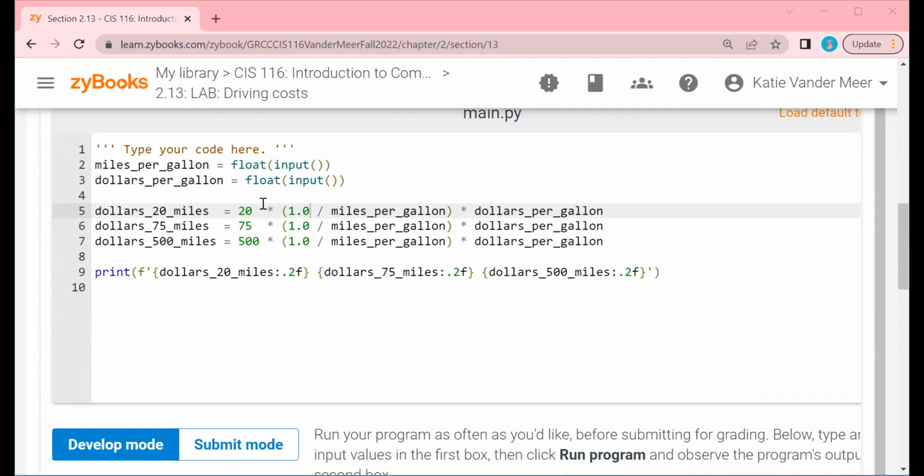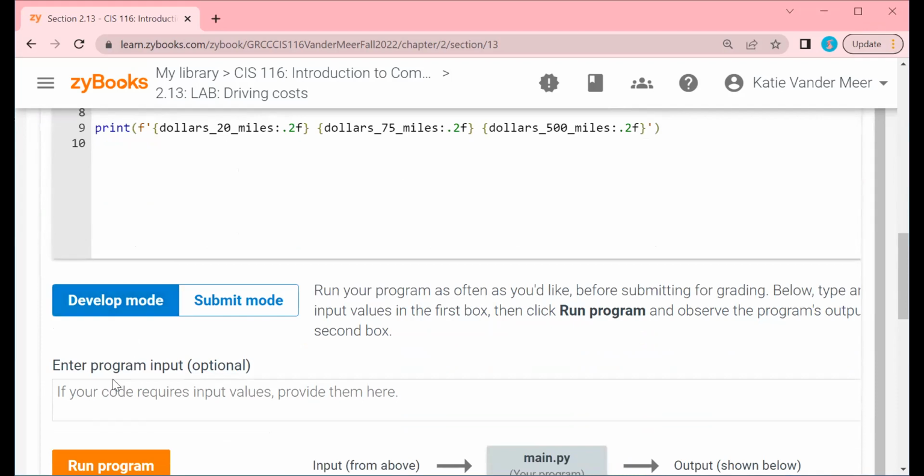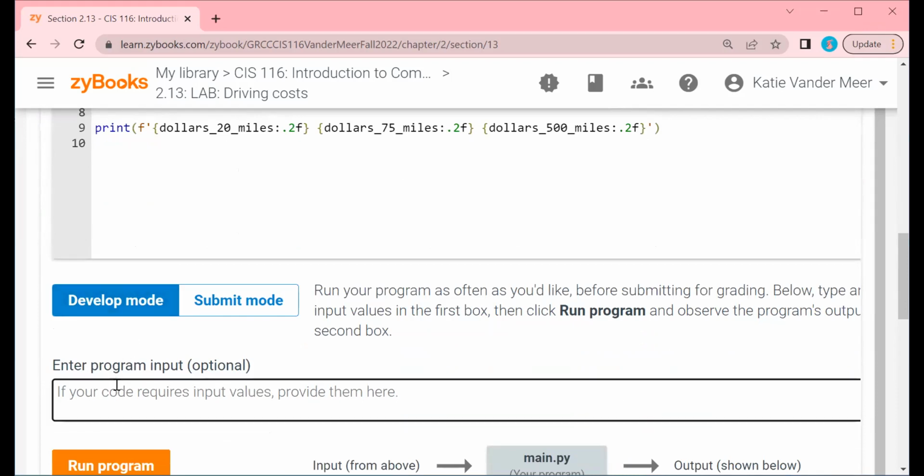But line 5 is basically after 20 miles, line 6 is after 75, and line 7 is after 500. So now here in develop mode, here's my input.